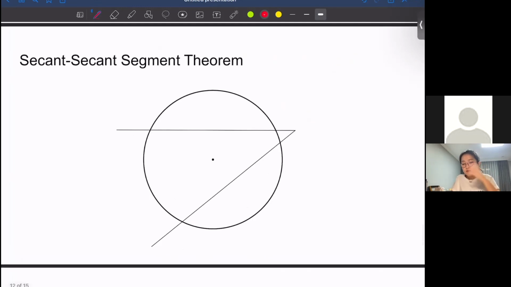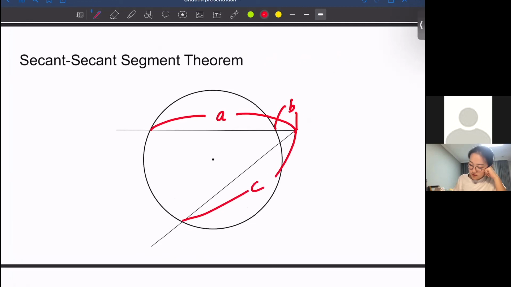The next is the secant segment theorem. Say that this is A and this is B, this is C, and this is D. Then we will learn that B multiplied by A equals D multiplied by C. That's the rule.